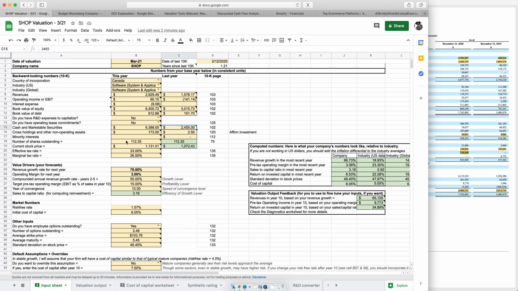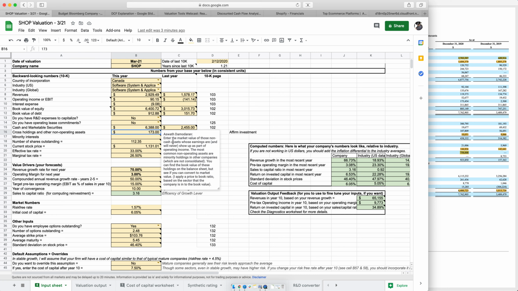And then next, okay, this is where things get a little bit interesting. This is where it's going to be very different depending on the company you have. These two line items here are basically about whether your company owns part of another company. So I believe you would put cross holdings and other non-operating assets.